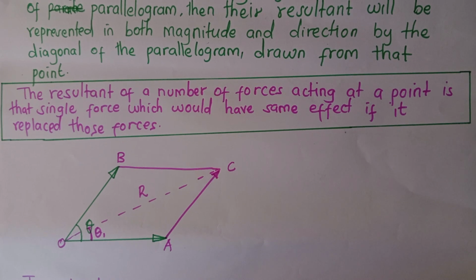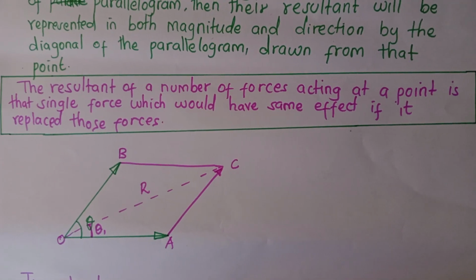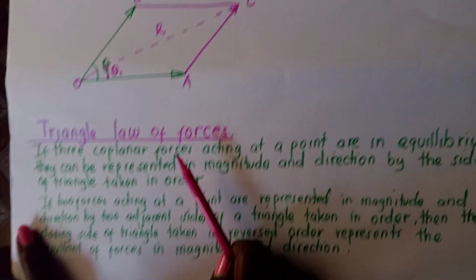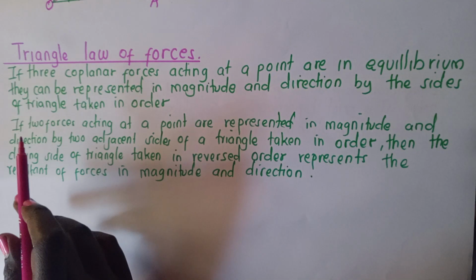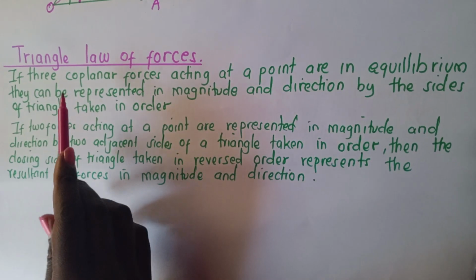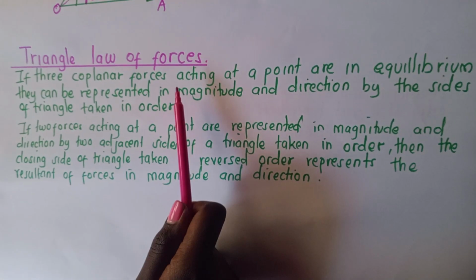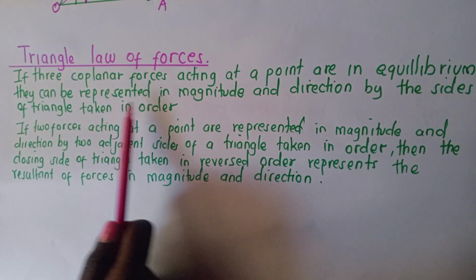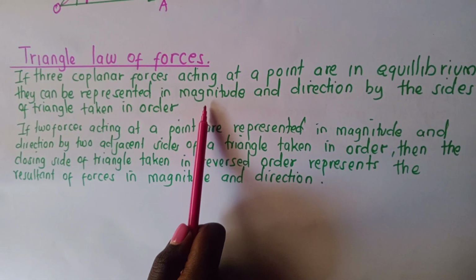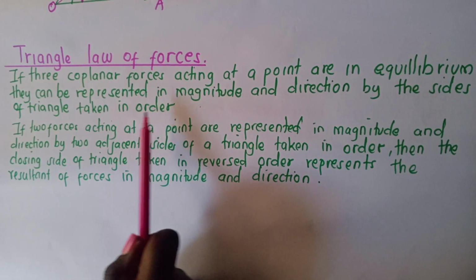Let's move on to the triangle law of forces. If three coplanar forces acting at a point are in equilibrium, they can be represented in magnitude and direction by the sides of a triangle taken in order.